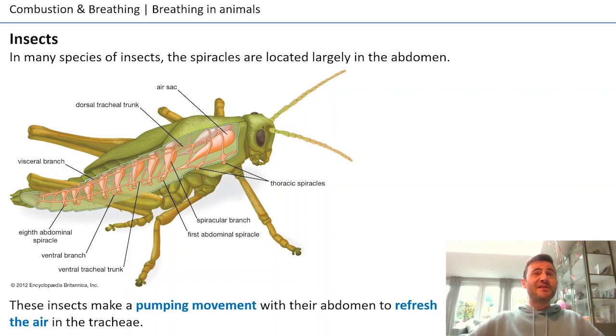And you can easily see that in wasps, their abdomens constantly move up and down and up and down, and that movement helps them bring in fresh oxygen and remove carbon dioxide. This means that in many insects like wasps, most of the gas exchange happens in the abdomen.